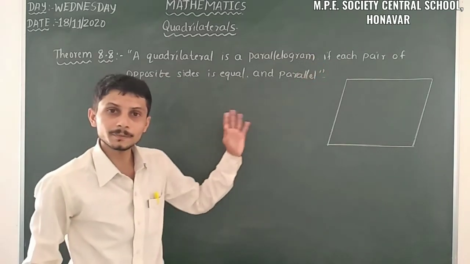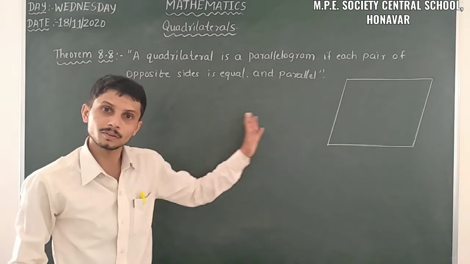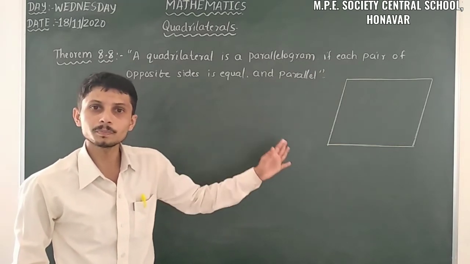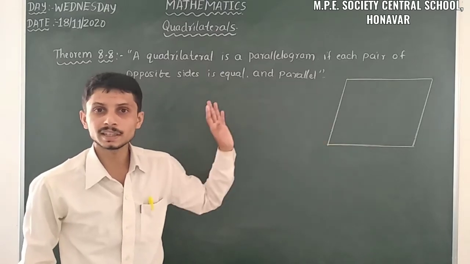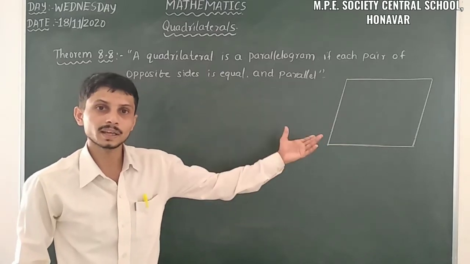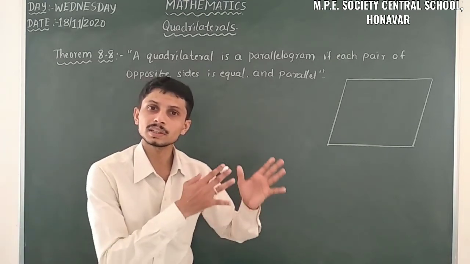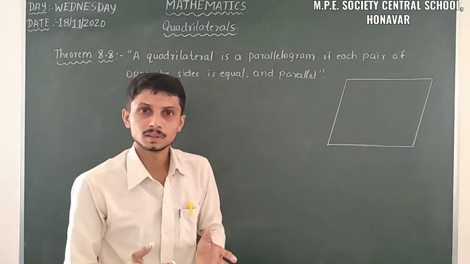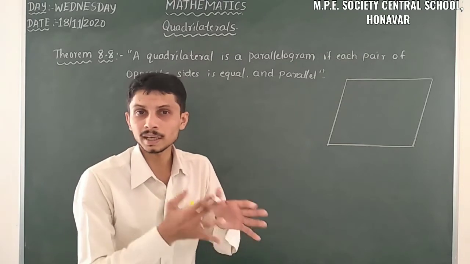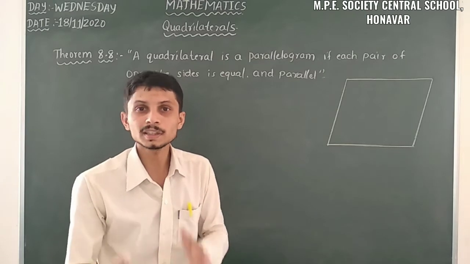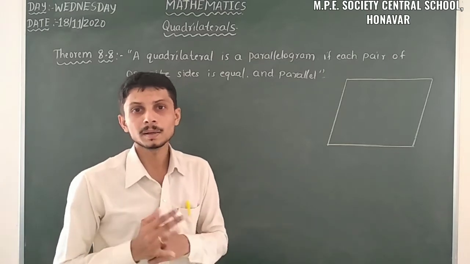So that means here we have a quadrilateral. When any one pair of opposite sides is equal and parallel, then we can easily take it as a parallelogram. No doubt about the other pair. If one pair of opposite sides is equal and parallel, obviously the other pair is also equal and parallel.